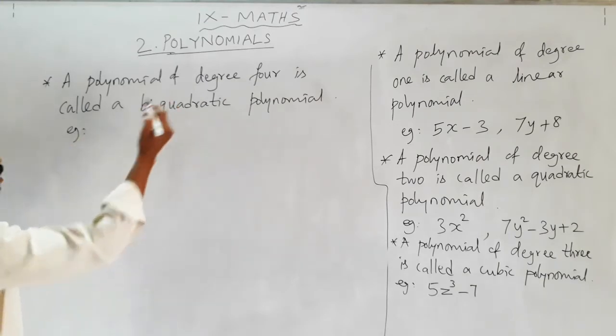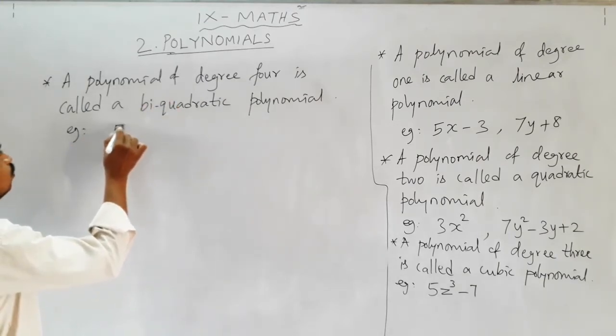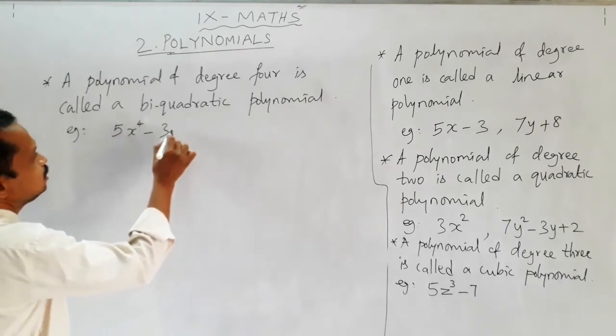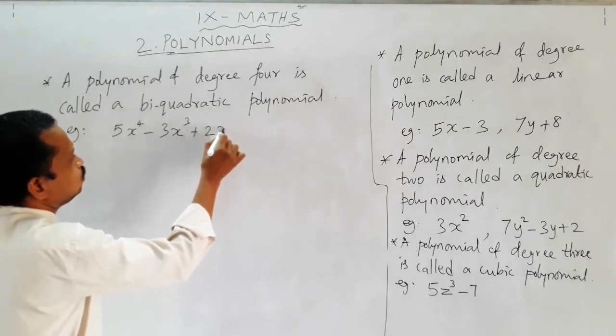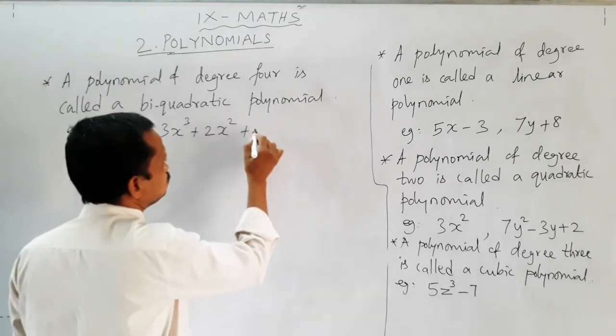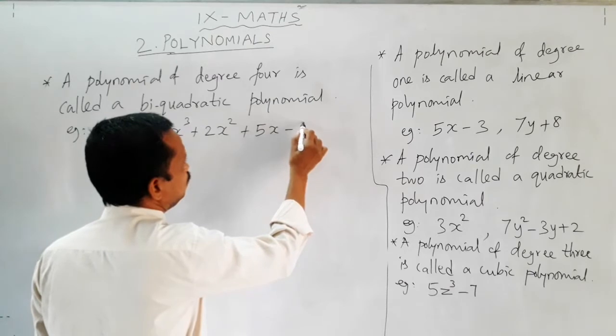Example, you can take 5x power 4 minus 3x cube plus 2x square plus 5x minus 9.